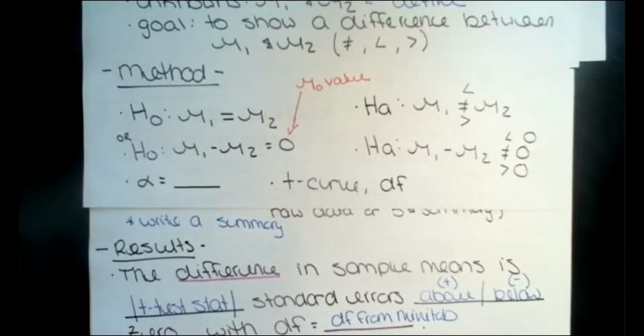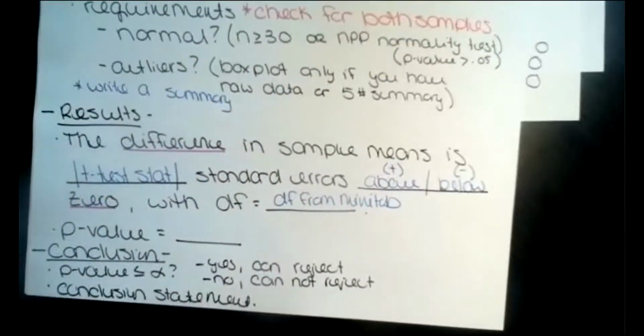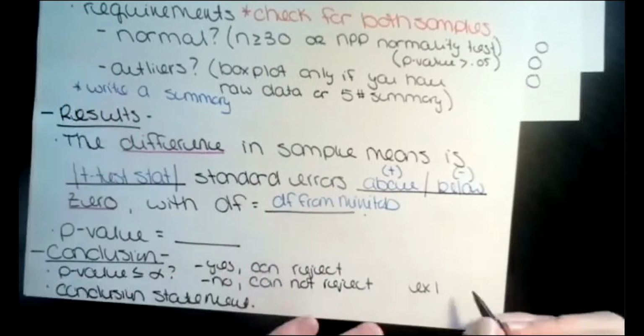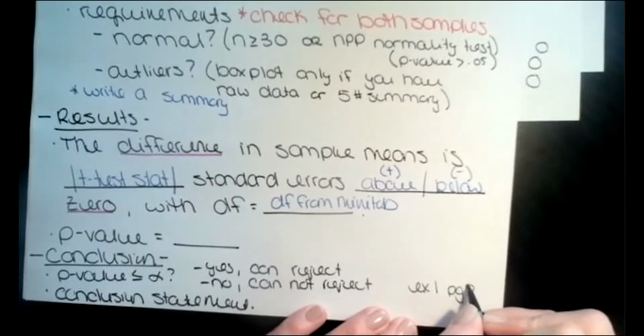Okay. All right, let's take a look at an example, guys. So let's go ahead and look at, what page is it? I don't think this is right. I have page 8, but example 1, I have page 8 written down.